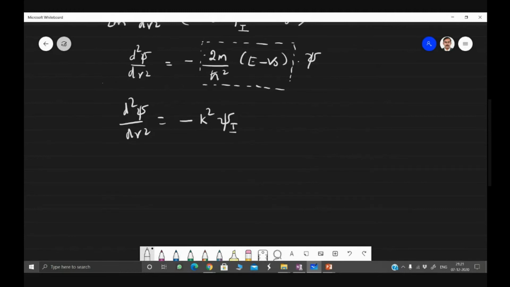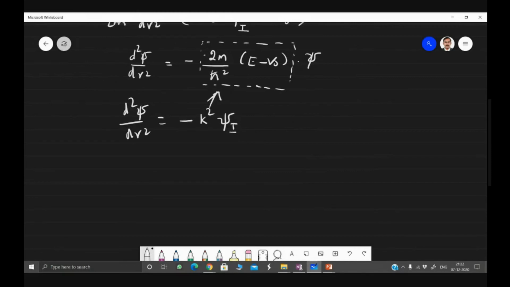Okay, where k square is given by this expression. k square is equal to 2m by h cross square (E minus V naught), or simply k is equal to the square root of 2m (E minus V naught) by h cross.